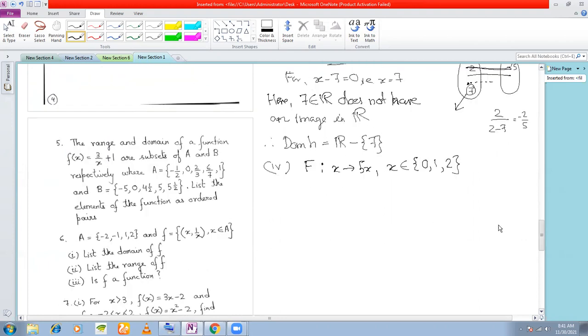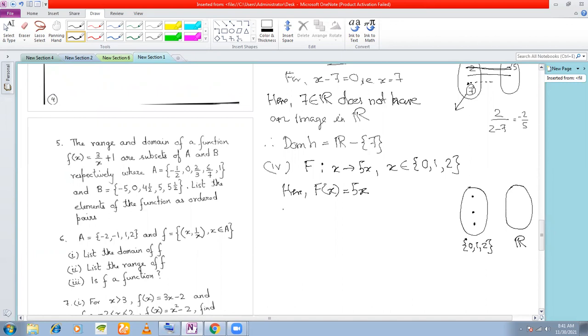So the first set here is 0, 1, 2 only. So here f(x) is equal to 5x, right? This is your set 0, 1, 2. And if nothing is given, we take this set as the set of real numbers.